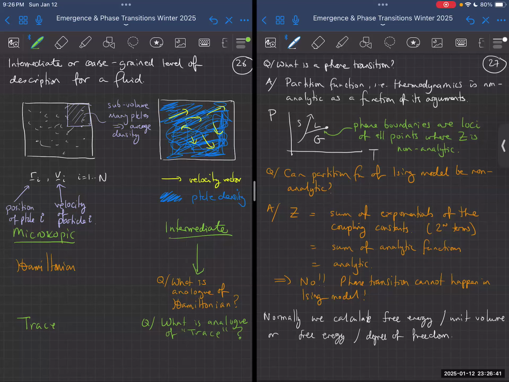In the Ising model, that would be n, for example.